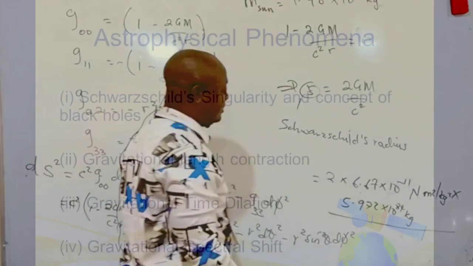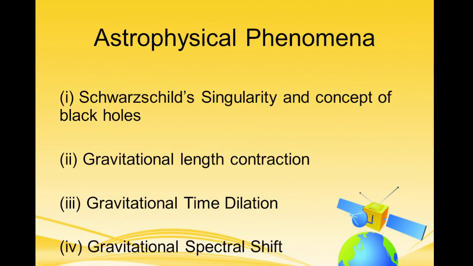You can also convert mass to solar masses. Okay, so we have that. What about c? 3 times 10 raised to the power of 8 meters per second.